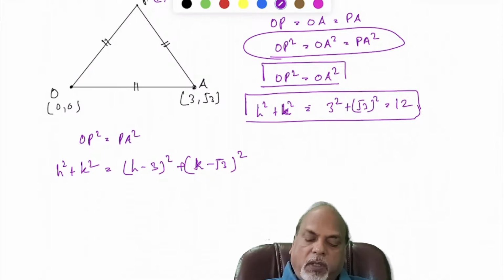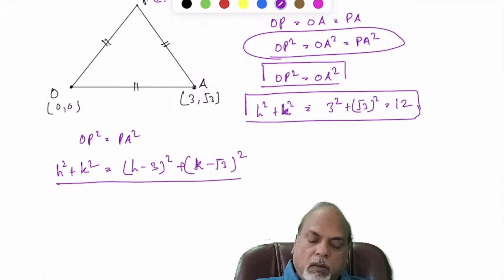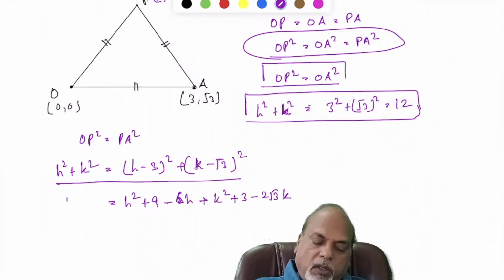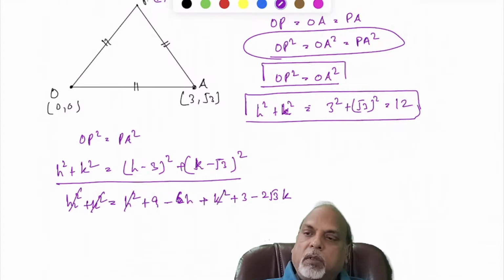If we solve this, H square plus 9 minus 6H plus K square plus 3 minus 2 root 3 K equals H square plus K square. H square, K square cancels out. Correct?